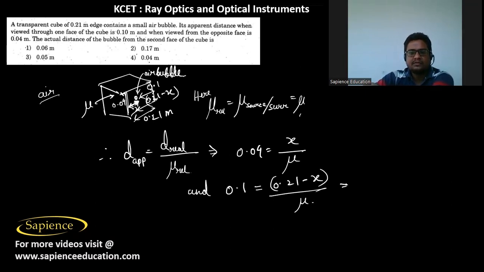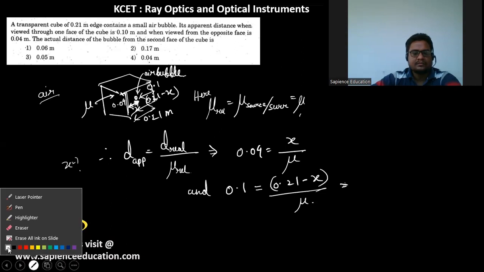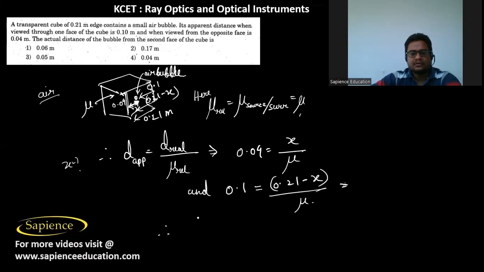Therefore, you have to find out the actual distance, meaning x. So from here, if we divide these two, we will get 0.1 by 0.04 equal to (0.21 minus x) by x.